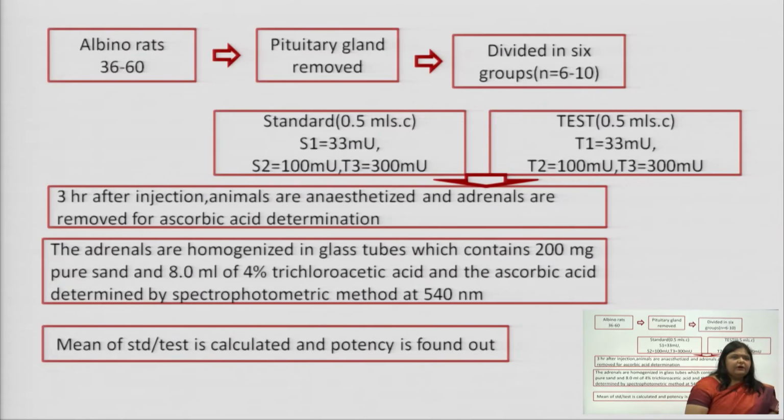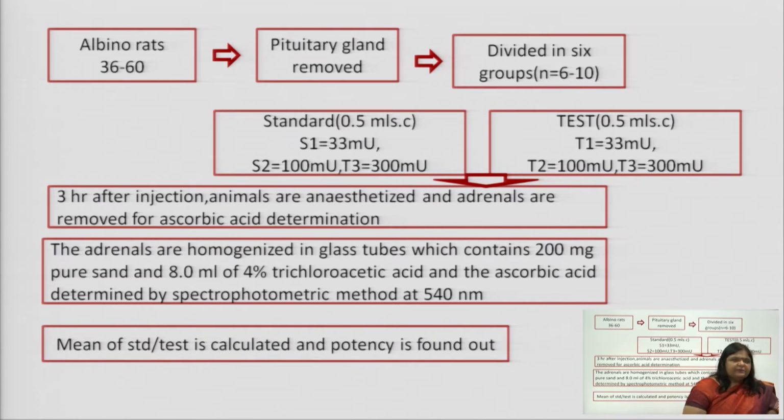Now, we summarize the bioassay of ACTH, how we carried it out. We take albino rats, 36 to 60 in number. In each rat the pituitary gland is removed by surgery. All these animals are divided into 6 groups, each group containing 6 to 10 animals.